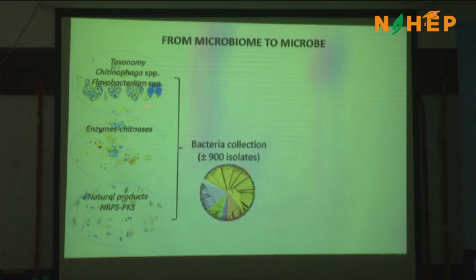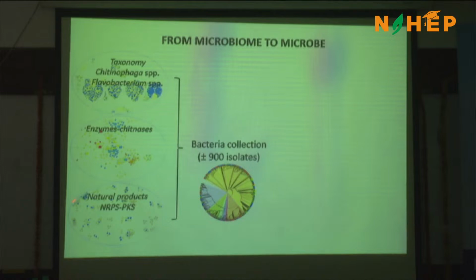As I told you, from the taxonomic composition of our metagenome, we got Chitinophaga and Flavobacterium highly abundant. Then when we look at the dbCAN database, so carbohydrate degrading enzymes, we saw that chitinases were highly abundant as well.